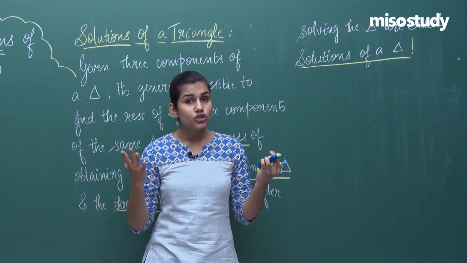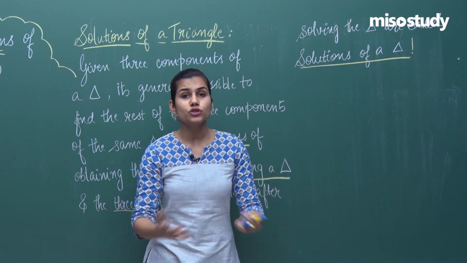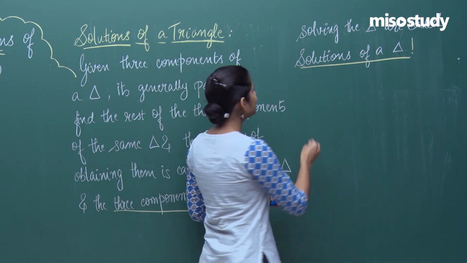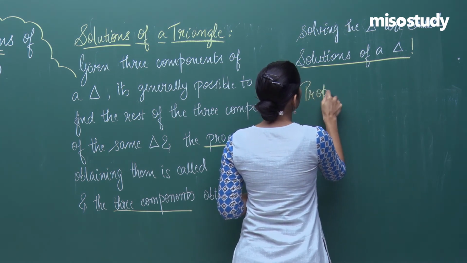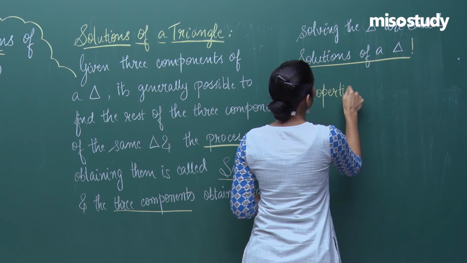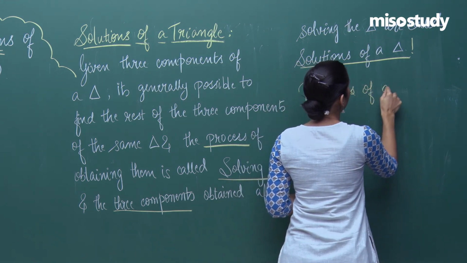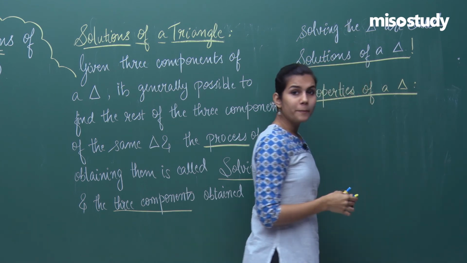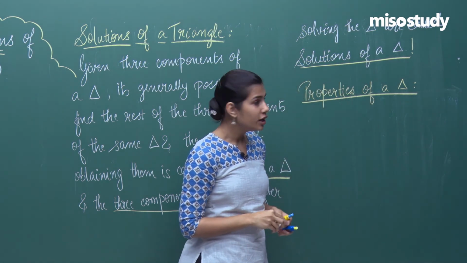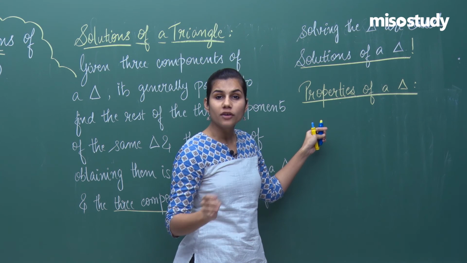What is it that we should do so that we are able to solve the triangle? And that is what comes to be known as the properties of a triangle. It's the properties which come to the rescue to help you in solving a triangle.